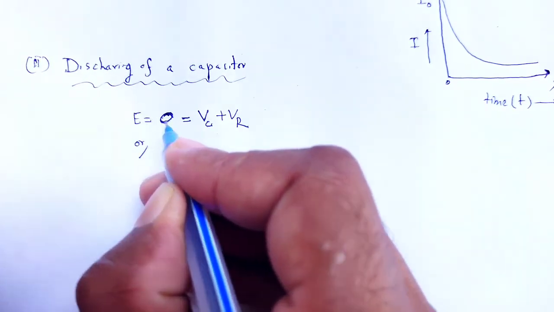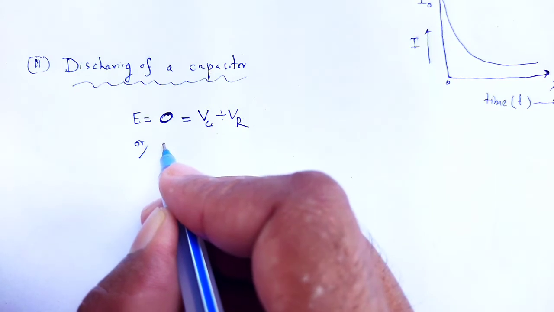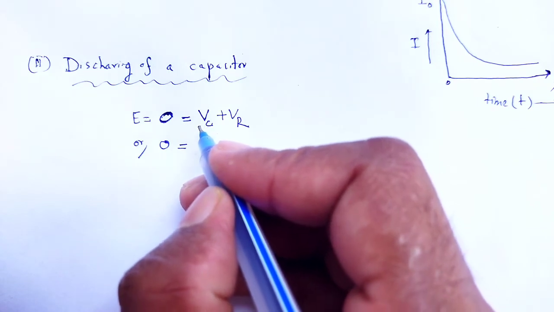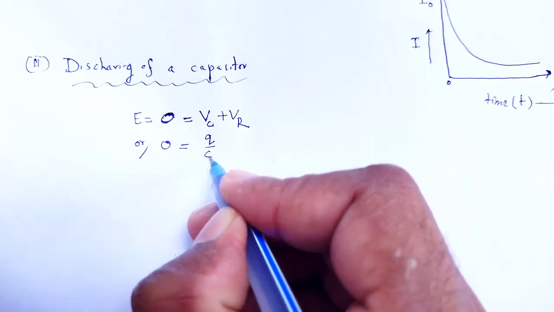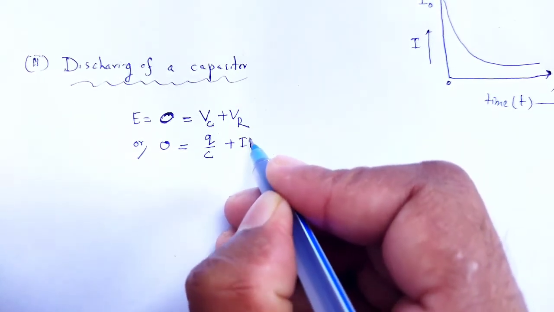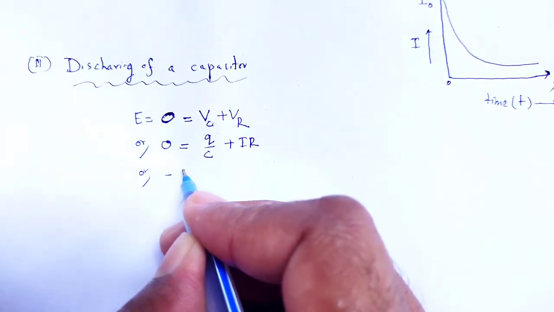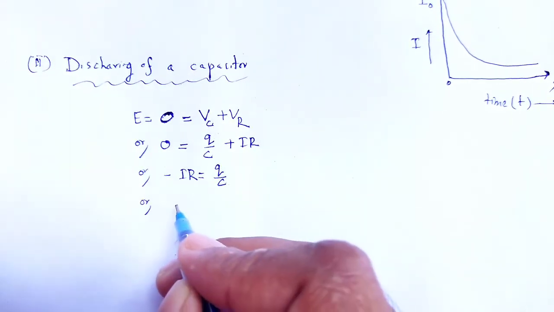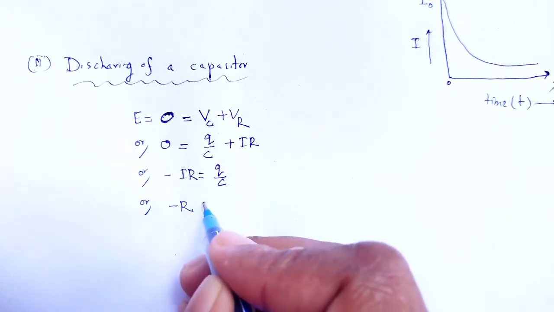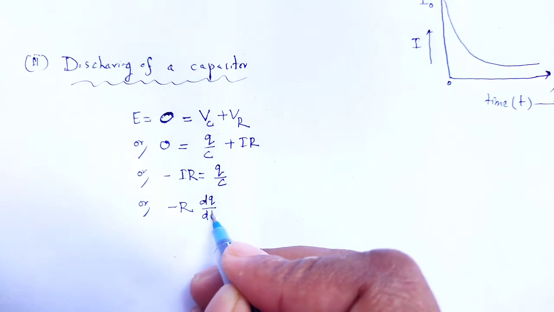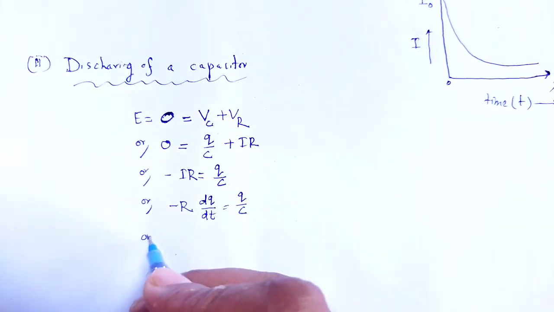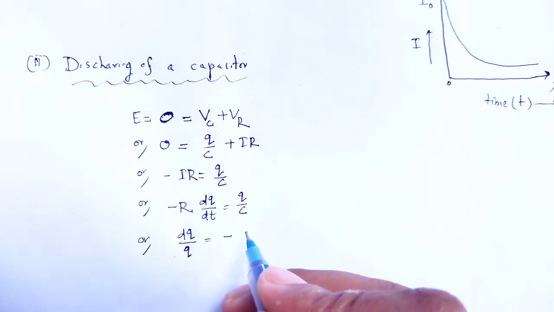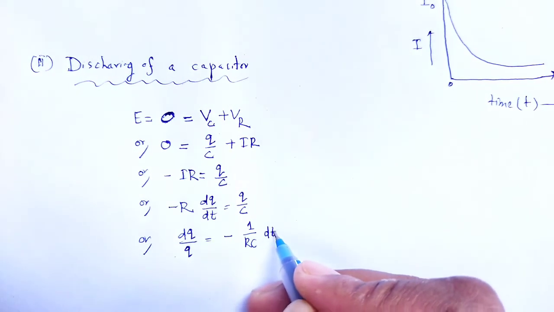So 0 is equal to the potential drop across the capacitor, Q by C, plus the resistor, minus IR, is equal to Q by C minus R in place of I, that is dq by dt, or dq by Q is equal to minus 1 by RC into dt.